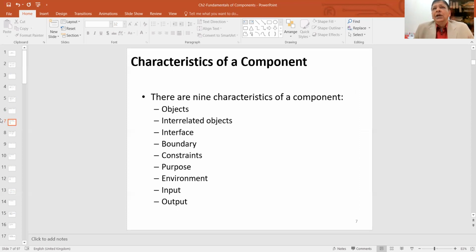A component contains objects, and we already discussed objects in the previous videos. An object is a combination of data and methods into a single entity that is uniquely identifiable. For example, student is an object.